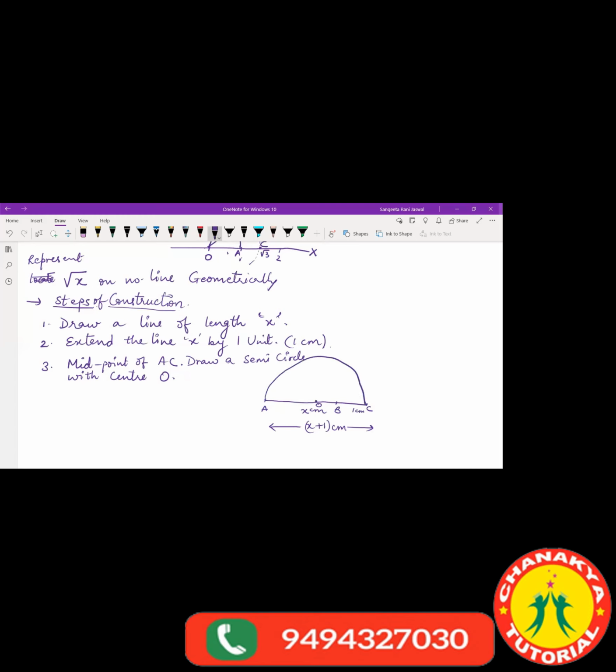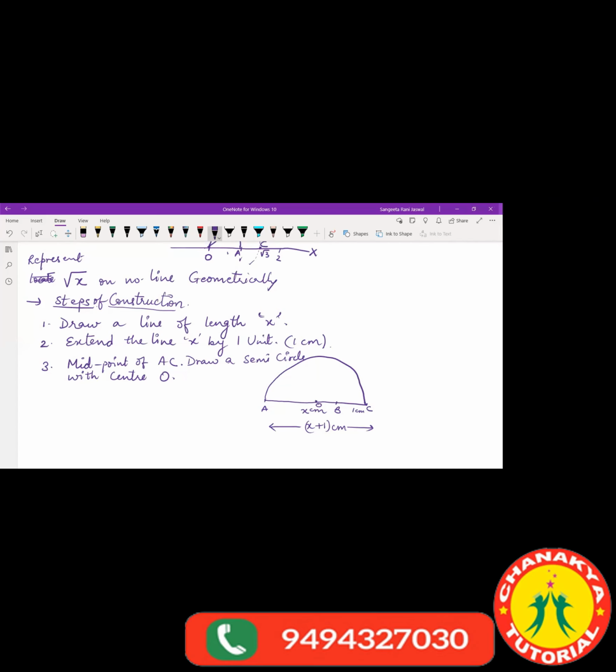Okay, taking OA as the radius. OA and OC is the radius now. I draw a semicircle over it. Got it? Children, understood this much? Yes, ma'am.